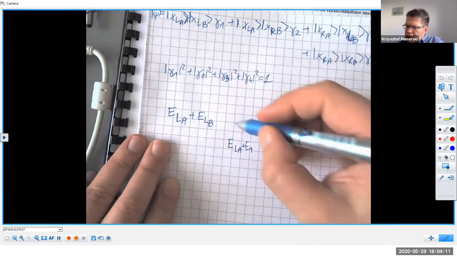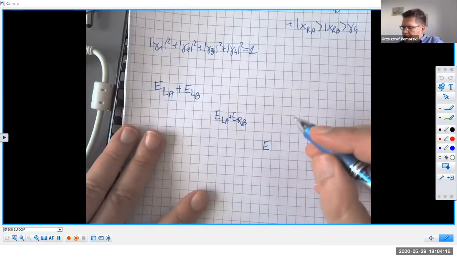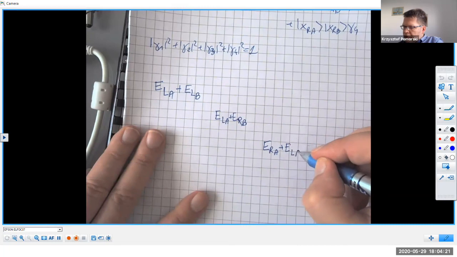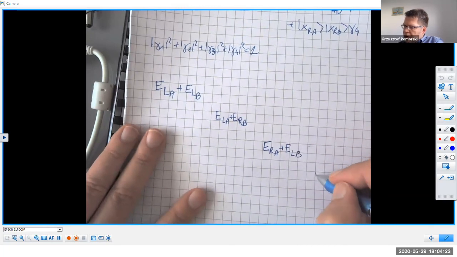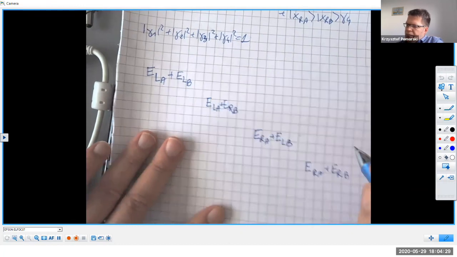All right, point B. And I will probably conclude on this Hamiltonian structure today. And this is RE plus RB.